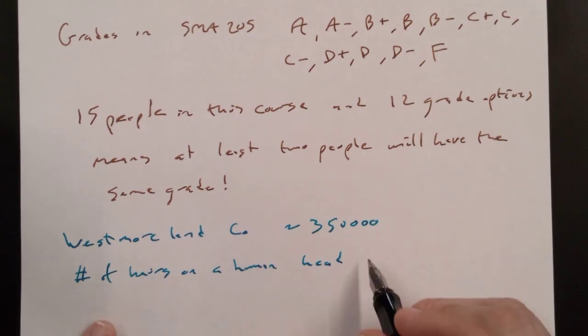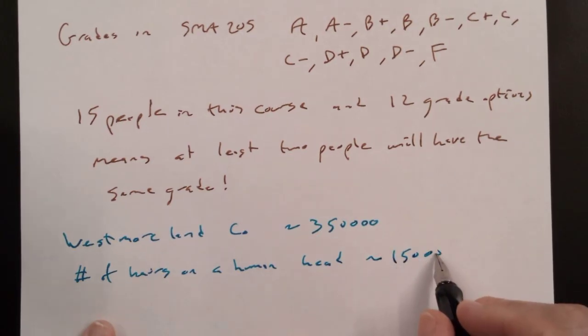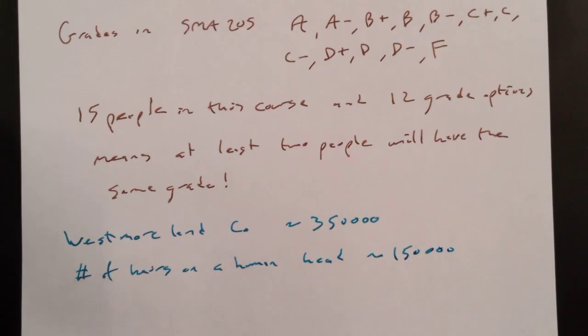And for hairs, we'll use the big end, 150,000. A full, lush head of hair. Not what I have. I guarantee you there are 2 people, at least, in Westmoreland County that have exactly the same number of hairs on their head.